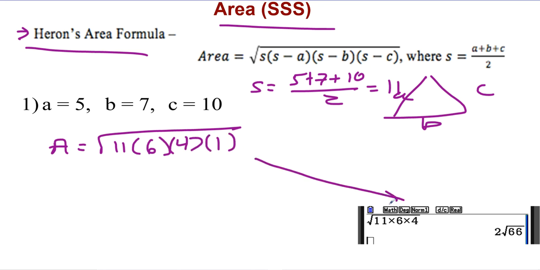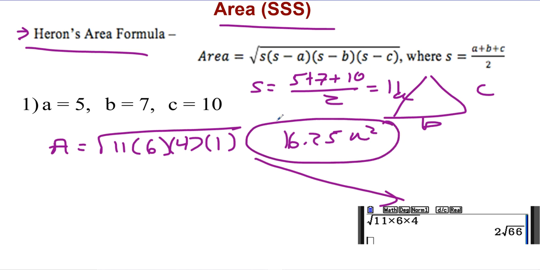You toss that into the calculator, which I did right over here, and you're going to get 2 root 66, which is 16.25 units squared. So Heron's is actually pretty easy, and again, it's something we do in geometry, not too much in Precal. But your later math, Precal, algebra, geometry, it all combines into that. So you will use this again in the future.